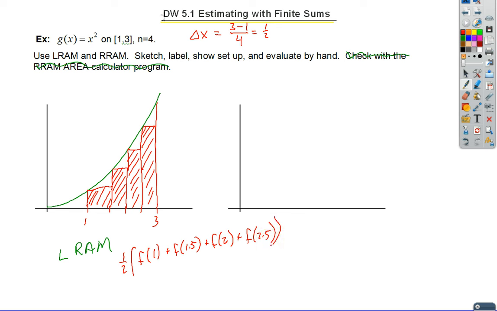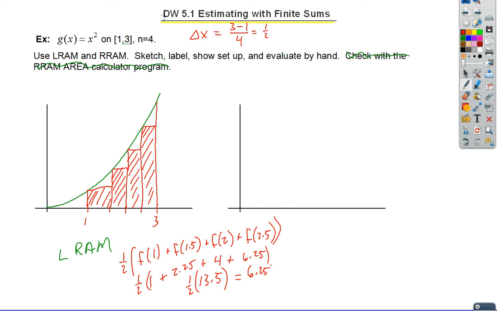Okay, I go ahead and put that all in there, and I'm going to get f of 1 is 1 plus 2.25 plus 4 plus 6.25, all that times a half of 13.5, which is then going to be equal to 6.25 is my area.